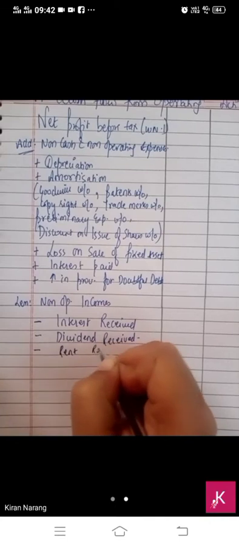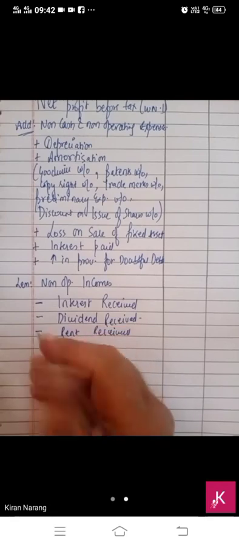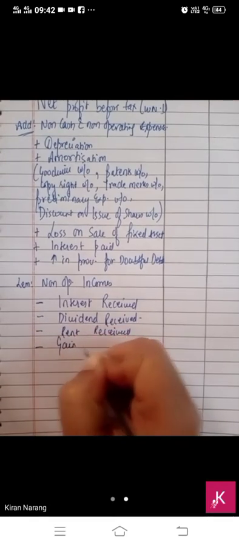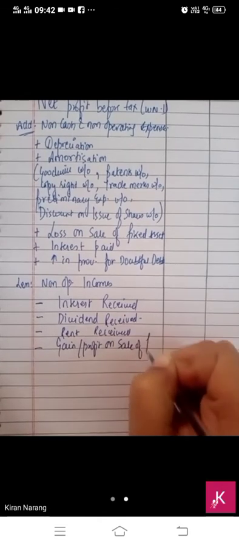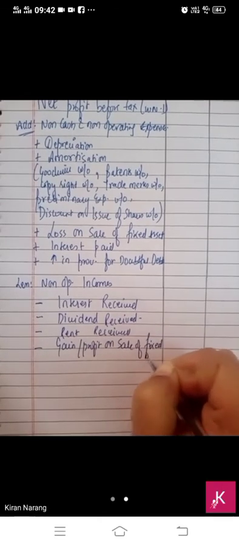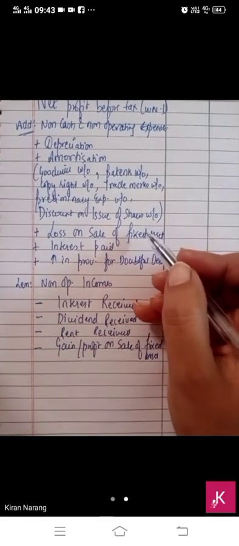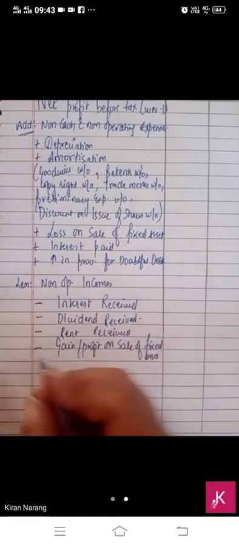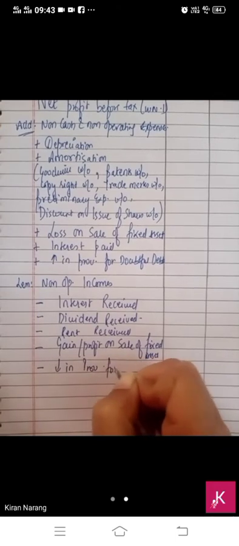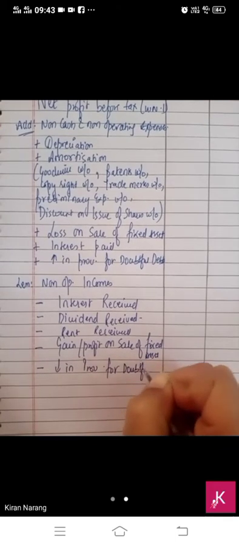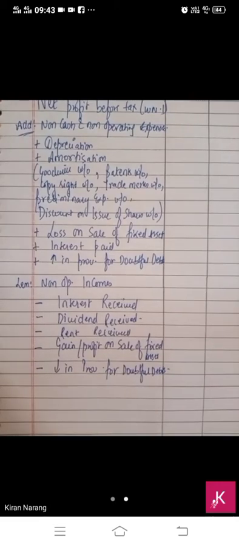Rent received, interest received, rent received, then gain or profit on sale of fixed asset. If we have sold any fixed asset at a profit, it will be subtracted. If we have sold at a loss, we will add it back. Then last is decrease in provision for doubtful debts. We have to add these items and subtract these items.